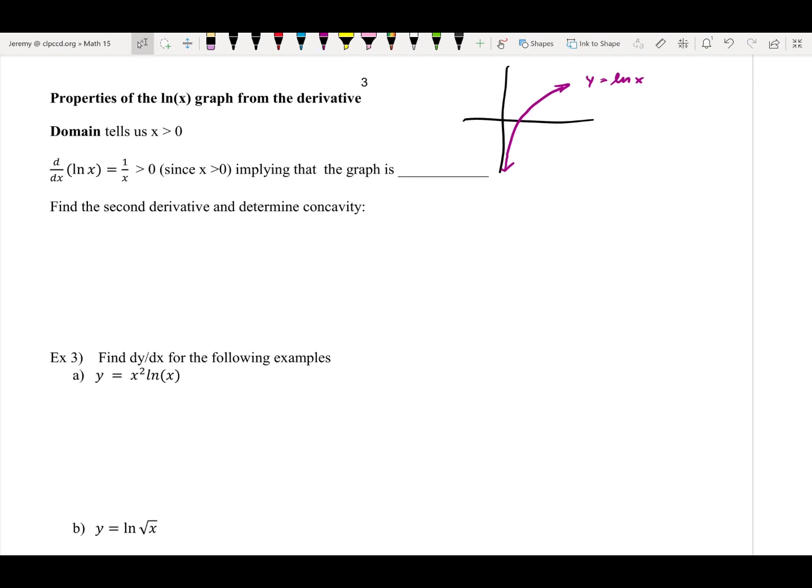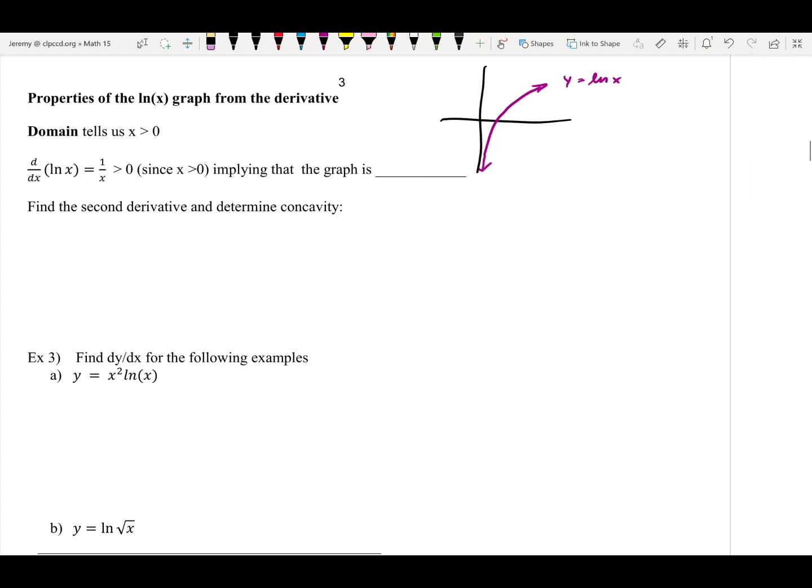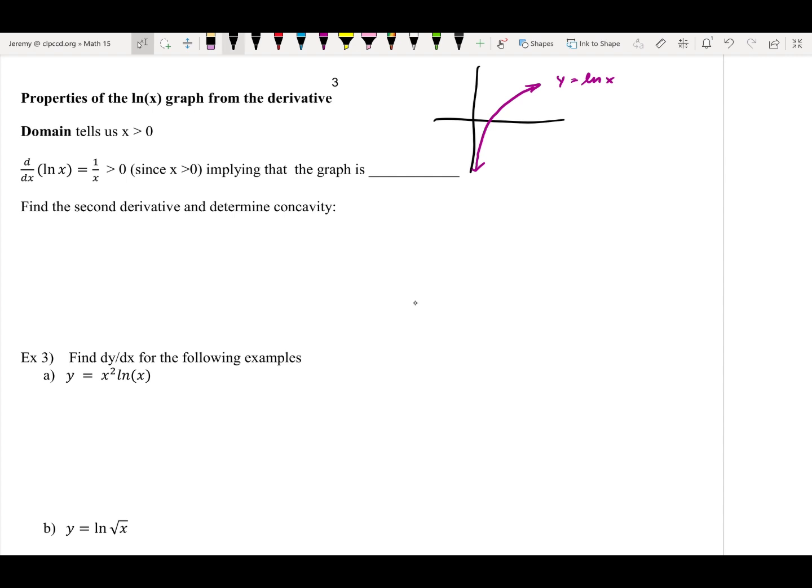Now, since the derivative, d/dx of the natural log of x, is 1 over x, this is always going to be positive because the input values x are always going to be positive. This implies that the graph of the natural log is increasing across its domain. Increasing, I'll say, for all x greater than 0, so within the domain of the function.